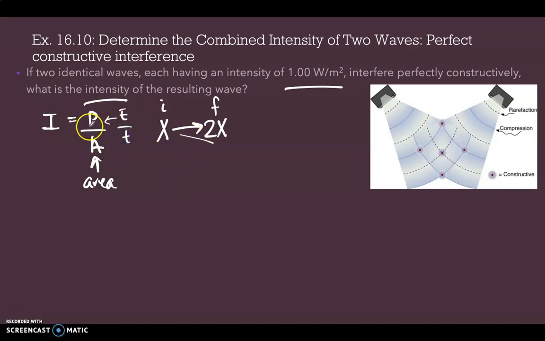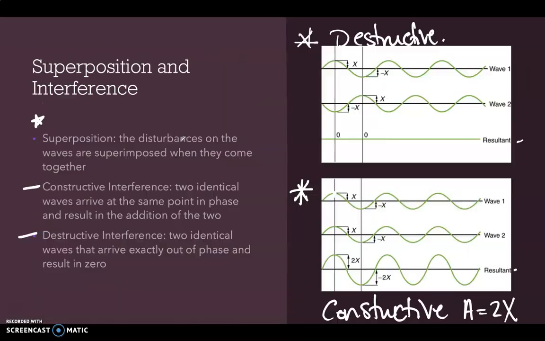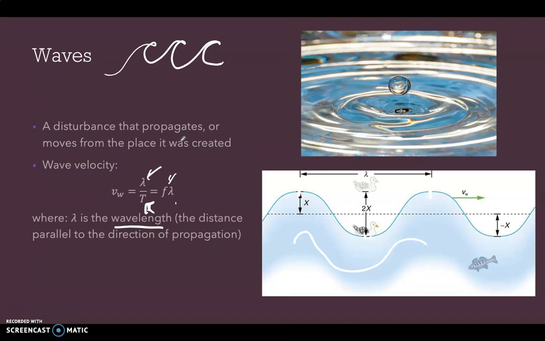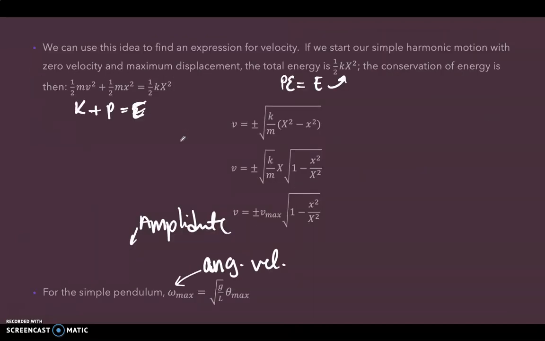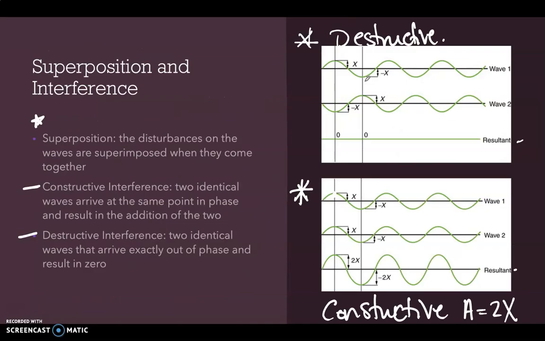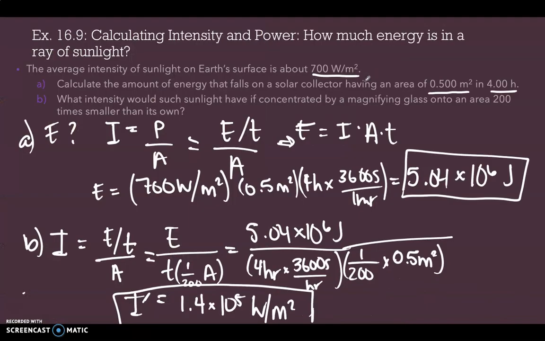We know that time is just time, area is just area, so then what is energy like here? If we go back a little ways, energy in these waveforms is going to be 1/2 k x squared. So 1/2 k times our amplitude squared. That's our energy.